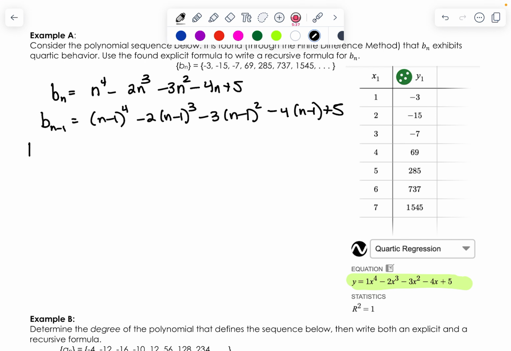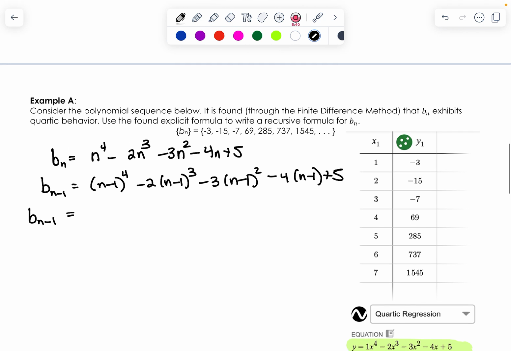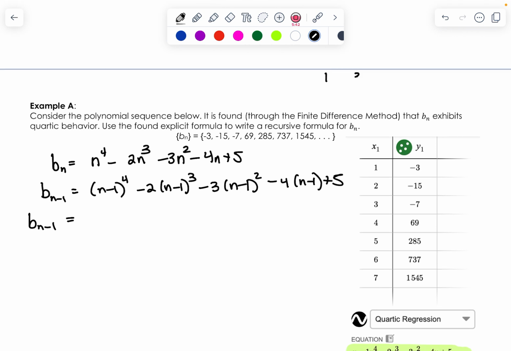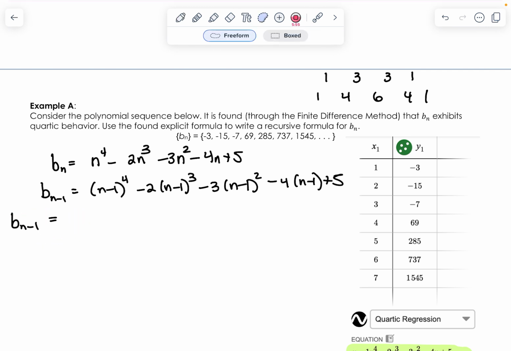Okay, so now this is where you want to use Pascal's triangle. So let's do the 1, 3, 3, 1, 1, 4, 6, 4, 1, because I'm going to be lightning fast expanding these. So I am expecting that you remember that from 1.1. So this is n to the 4th minus 4n cubed plus 6n squared minus 4n plus 1 minus 2.